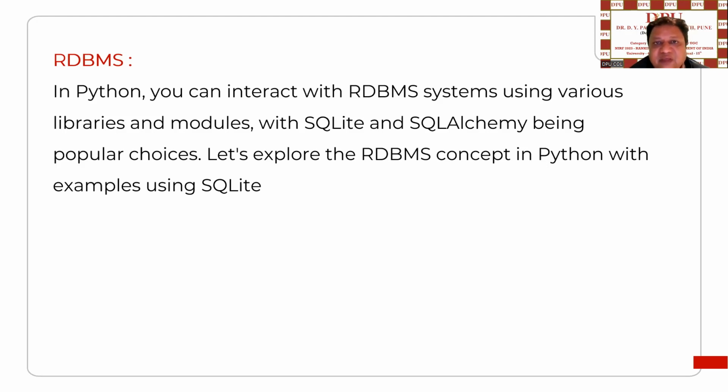SQLite is an RDBMS that I'm going to use here, and I'm going to show you how to connect to this SQLite database, how to create a database, how to create a table, and how to enter the records into that table of SQLite RDBMS. SQLite and SQLAlchemy are the popular choices, and from that, I'm going to use SQLite. So let's explore the RDBMS concept in Python with examples using SQLite.